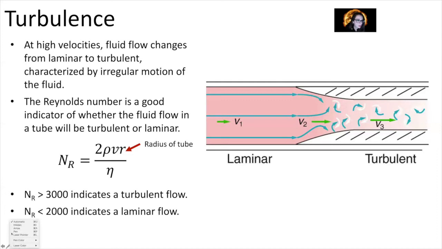And the Reynolds number, at least for fluid moving through a tube, is given as 2 times the density of the fluid times the speed of the fluid times the radius of the tube divided by the viscosity. If you have a Reynolds number greater than 3,000, that indicates a turbulent flow. If you have a Reynolds number of less than 2,000, that indicates a laminar flow. Now somewhere in between there, you've got properties of a little bit of both.